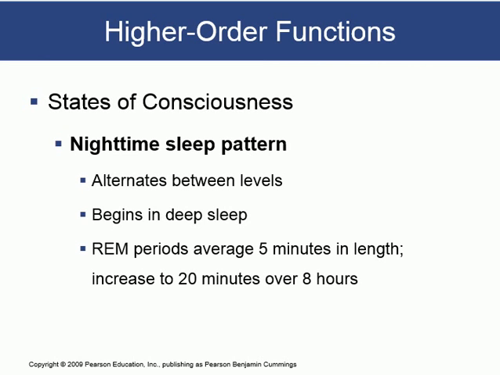So normally you alternate between deep sleep and REM. REM stays for about 5 minutes to start, and then it goes longer. So you go like this. Okay, you're awake, and you relax.